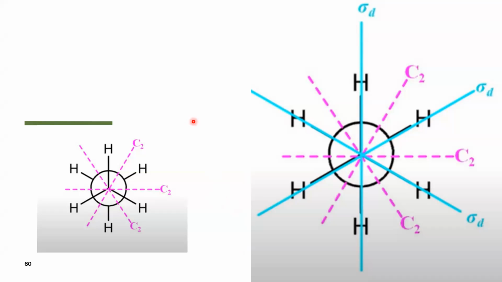Come on. You have learned all this time now? Horizontal mirror planes, vertical mirror planes, and dihedral mirror planes. So only 3 types are there, right?